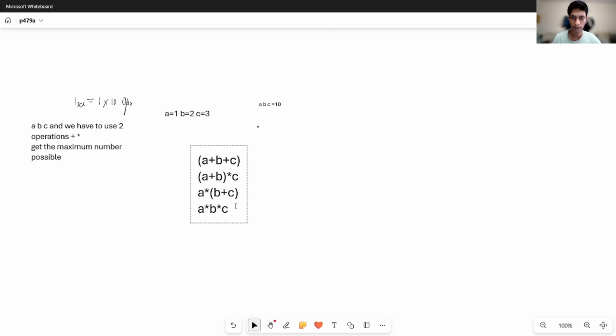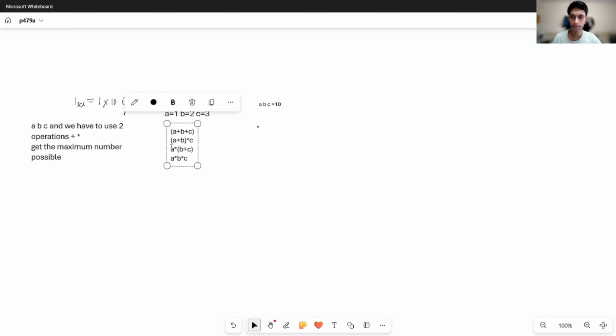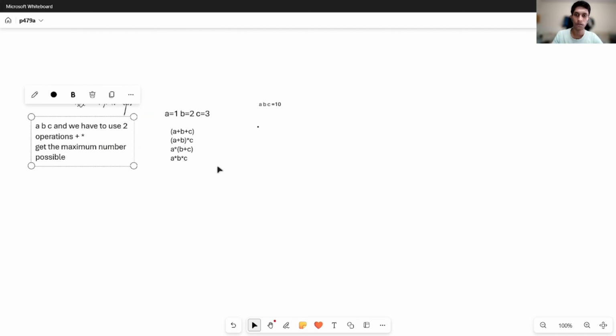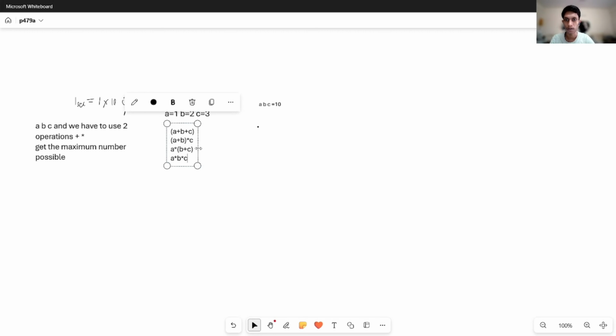These are the four cases we can perform using these two operations and these three numbers. So let's see what values we get. We have to check all four cases, and we can get the maximum value in any of the four cases.